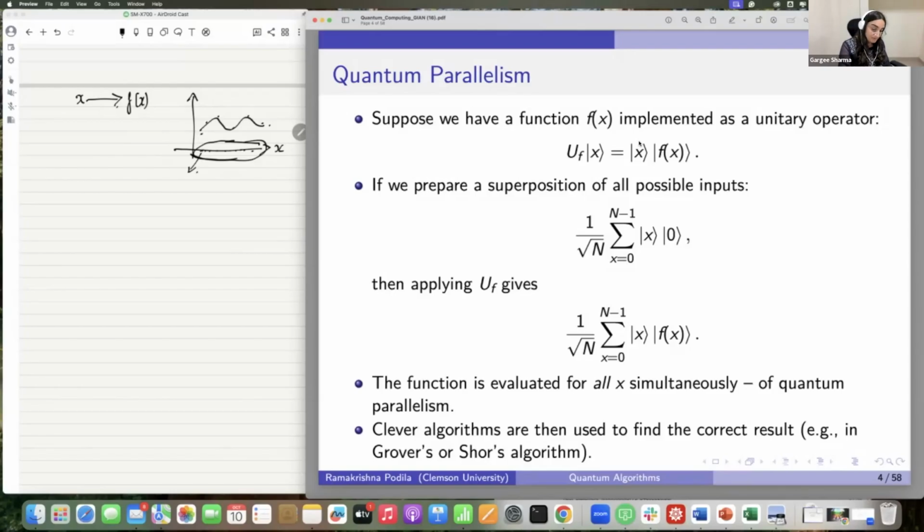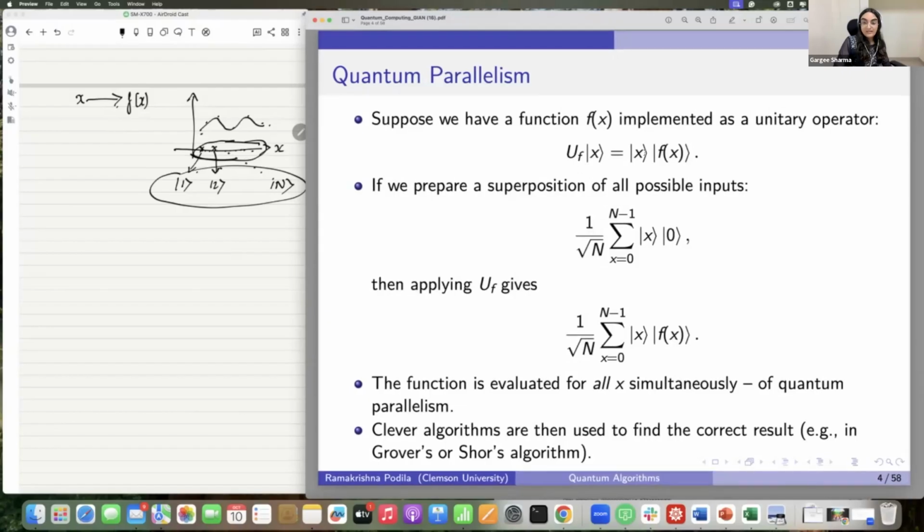This could denote state 1 in your Hilbert space, this could denote state 2, and so on and so forth. Let's say you have n states here. So you create this superposition, and this is what is being represented here.